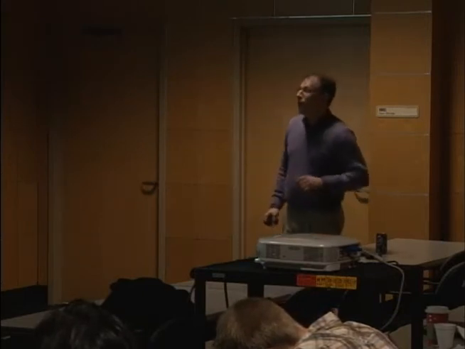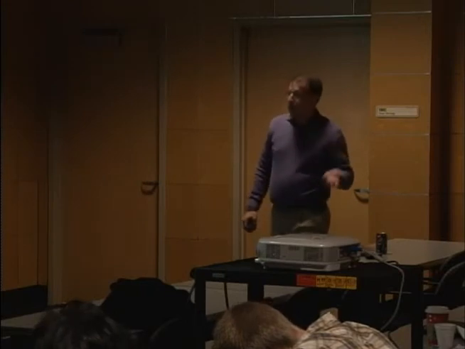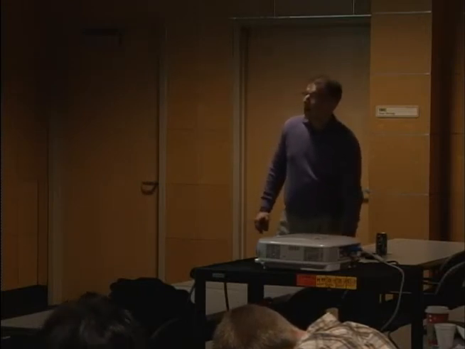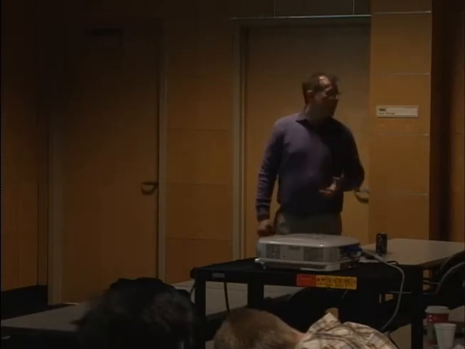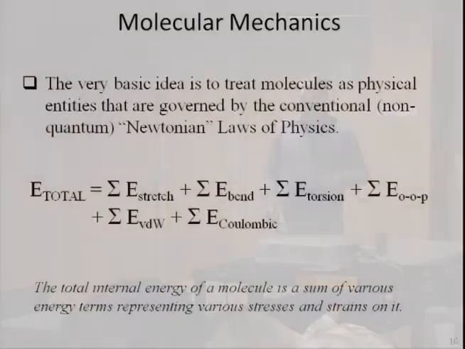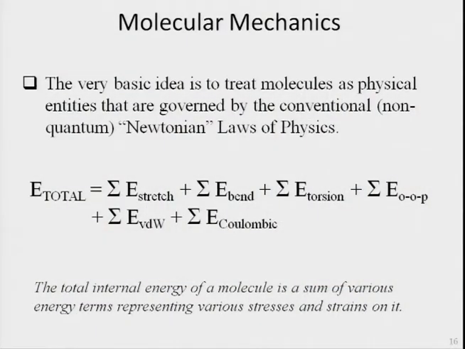Okay, so now how do we translate all these ideas into something practically useful that we can use for modeling? Well, one of the main ways, and it's used extensively in molecular modeling, is molecular mechanics. The idea here is to treat molecules as physical entities governed by the conventional, that means non-quantum or non-molecular orbital, Newtonian laws of physics.